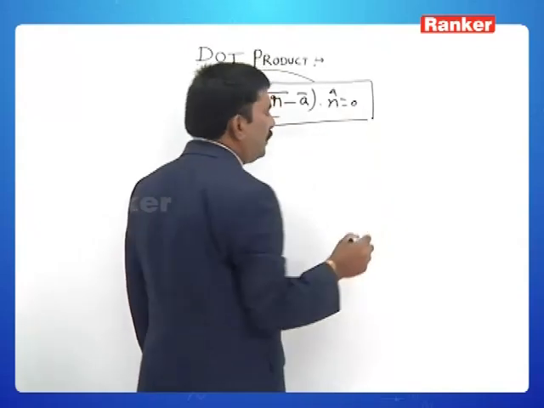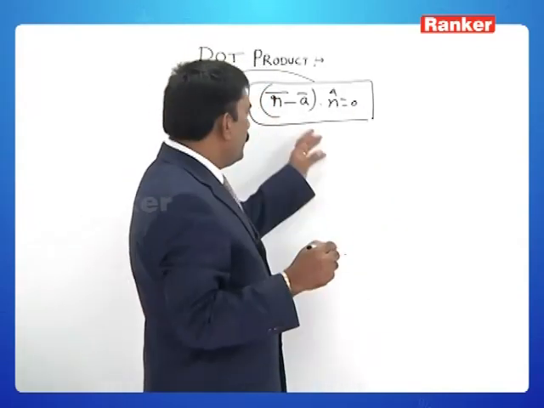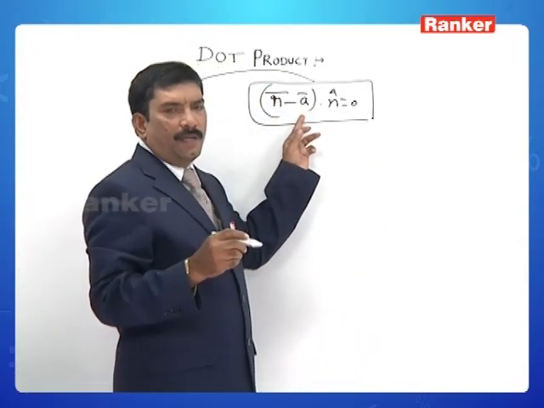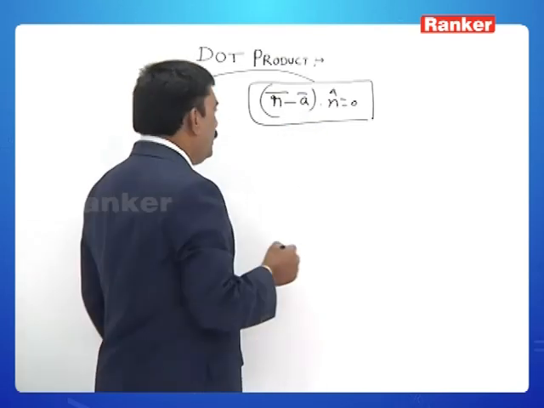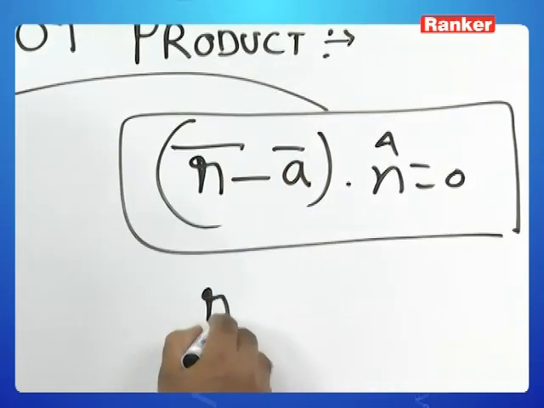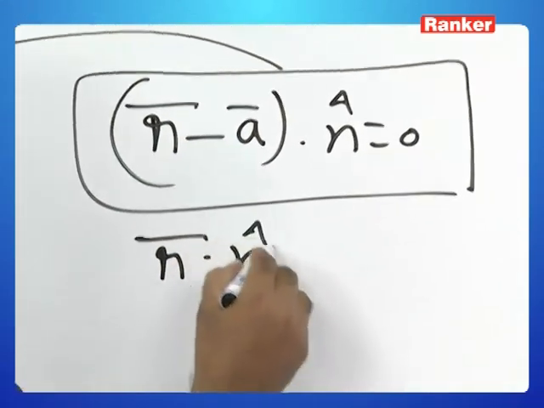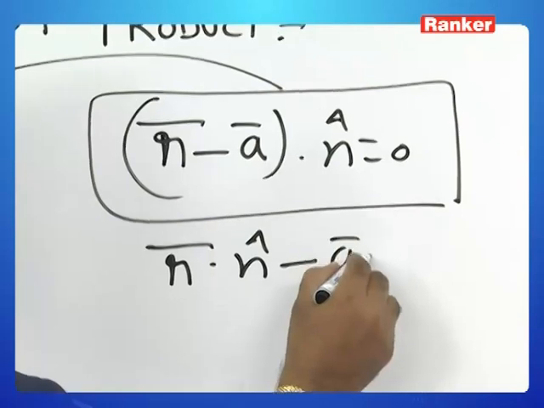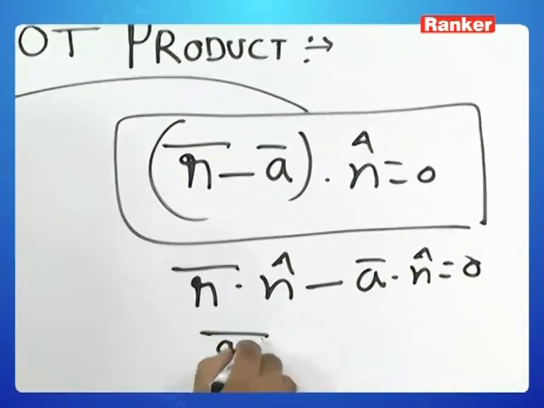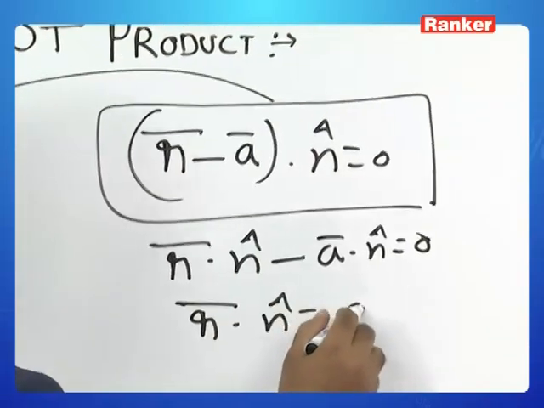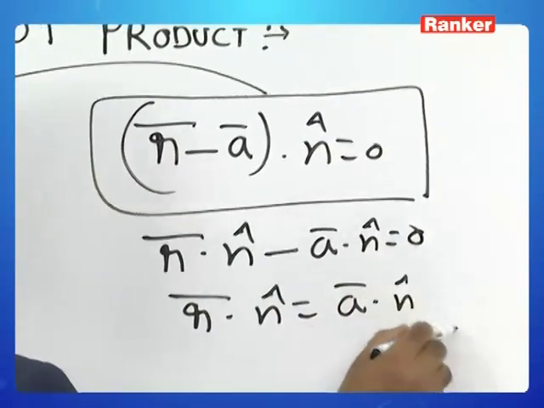Later, we expanded: r bar dot n cap minus A bar dot n cap is equal to 0. Therefore, r bar dot n cap is equal to A bar dot n cap.